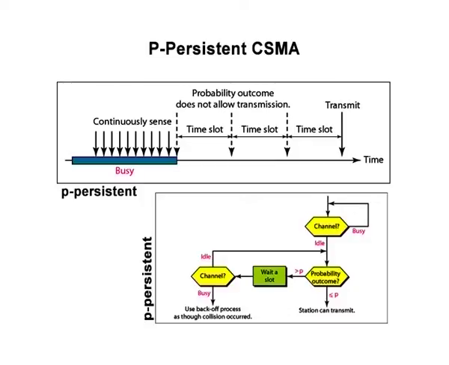If the station does not transmit the data frame, that is the probability of this event is 1 minus p, then it waits until the next available time slot. P-persistent CSMA is used in CSMA-CA systems including Wi-Fi and other packet radio systems.